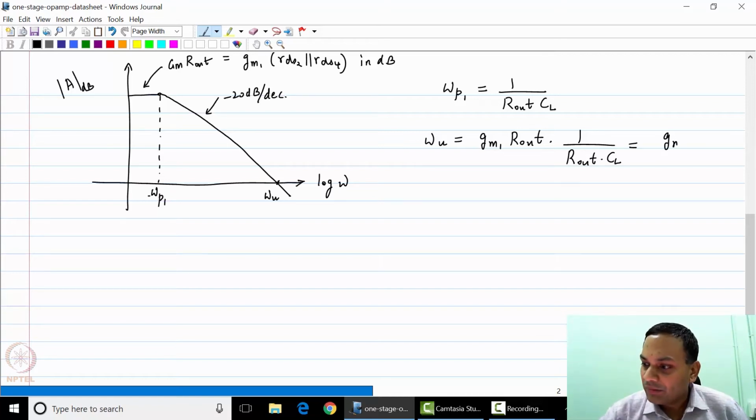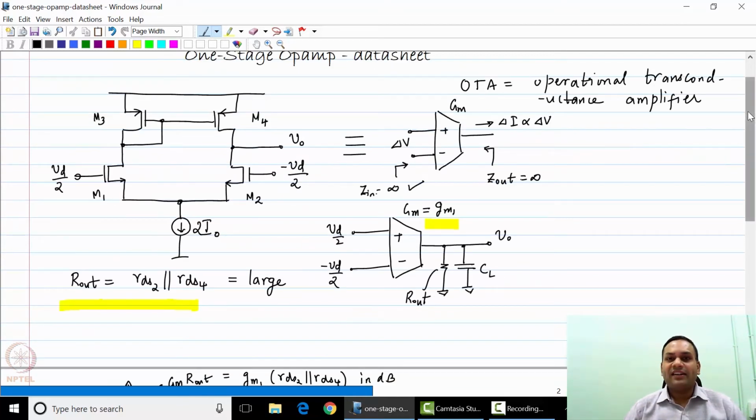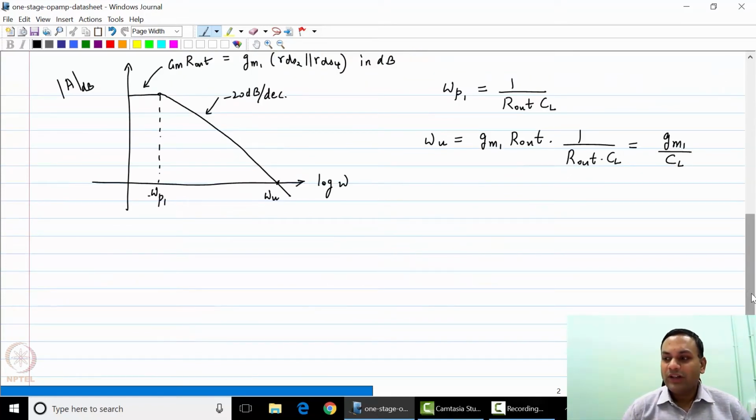This is clearly Gm1 over CL. So please note that if you have a transconductor driving an RC kind of load, the unity gain frequency of the system is the transconductance over the capacitance. So it is Gm1 over CL.